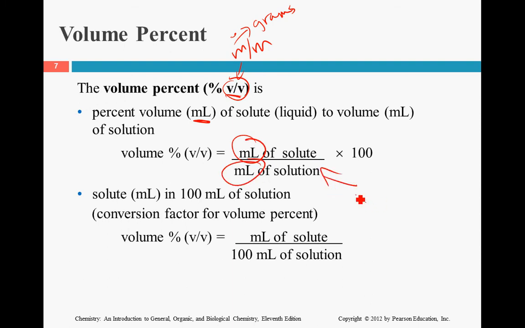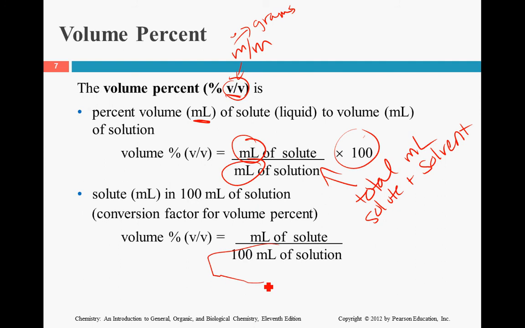Once again, that's going to be the total. And then you're going to multiply it by 100. Also, once again, the bottom is going to be out of 100, just to make your life easier. That's the only reason why we do that.